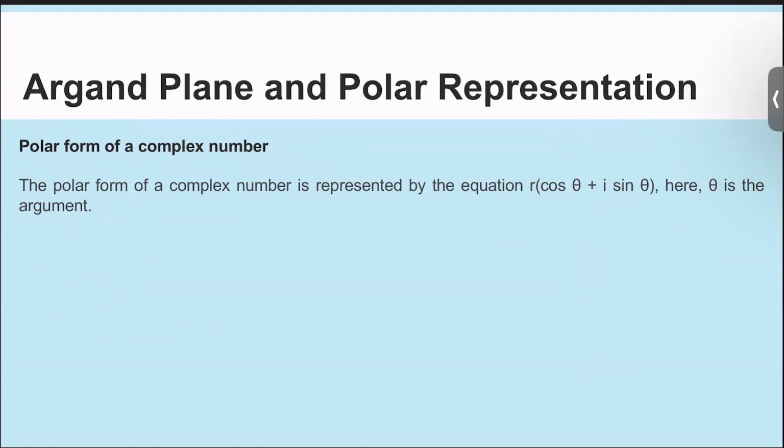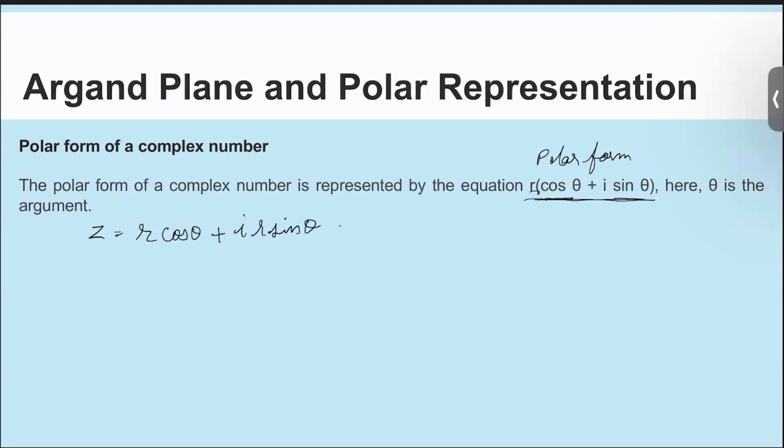Now there is another way of representing complex numbers. We can also represent a complex number in terms of trigonometric functions. This is called the polar form, the polar representation. If you write z equals r (cos theta plus i sin theta) and open up the bracket, you get r cos theta plus i r sin theta.